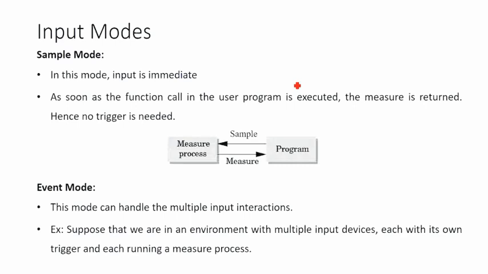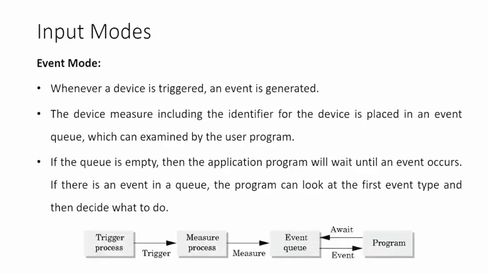And in this event-driven mode, whenever a trigger is initiated, whenever a mouse is clicked or whenever some key is entered, an event gets generated. And when an event gets generated, the measure of that input device will be captured and stored in something called an input queue or event queue.